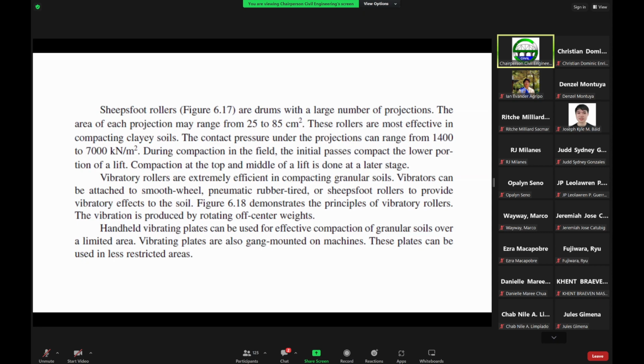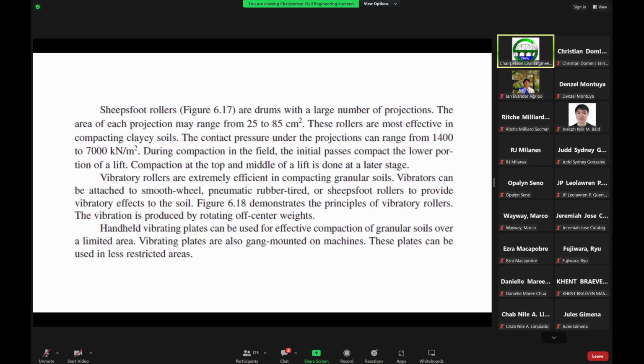But in other temperate countries, these four season countries, wherein the majority of their materials are clays, this will be a more suitable equipment for them. Only in some of our projects have we used these sheep's foot rollers, but in most cases we use the 10-ton vibratory roller compactors, smooth wheel roller compactors.